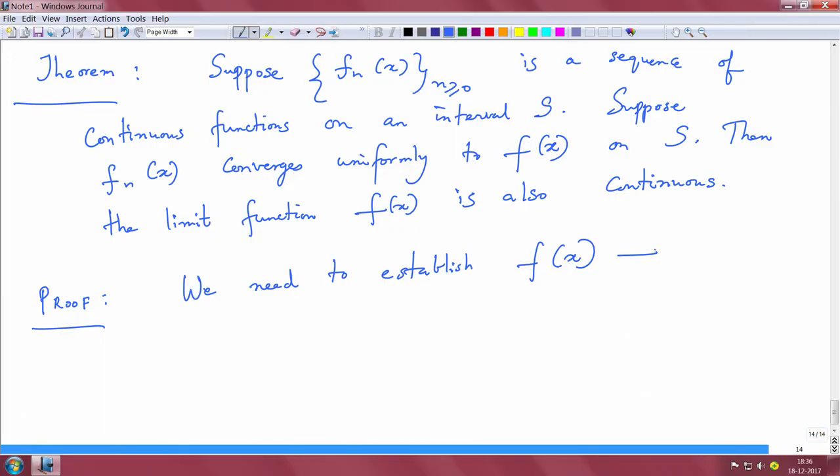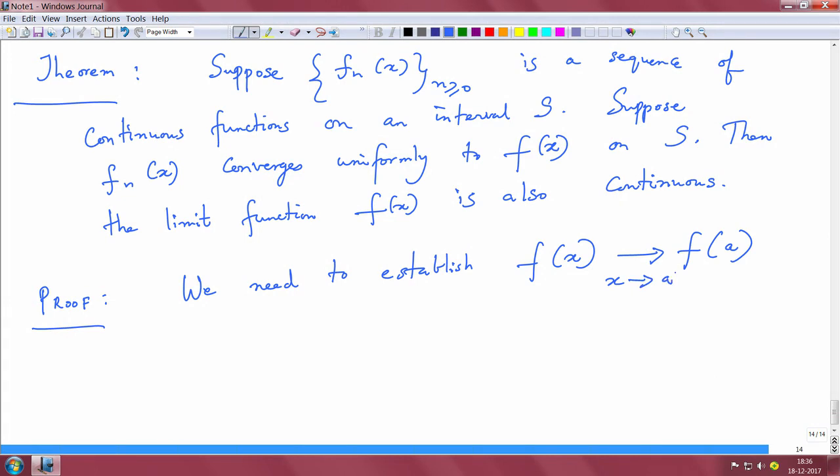Now, let us try to establish the proof of this result. Okay. So, we need to establish that f of x heads to f of a when x heads to a.